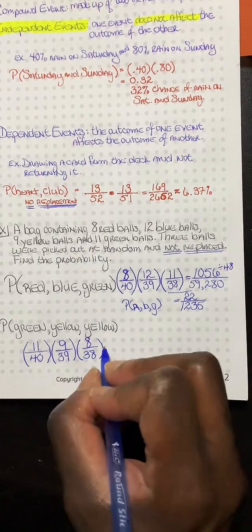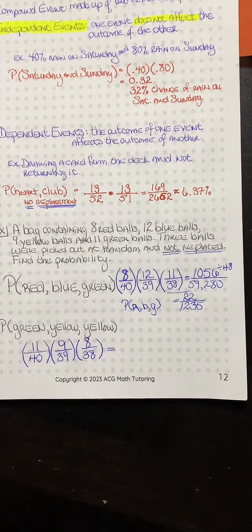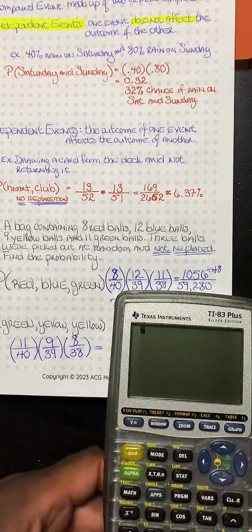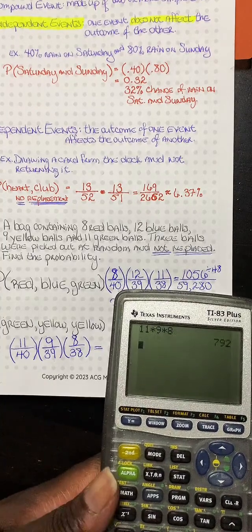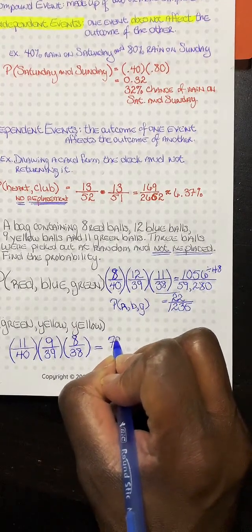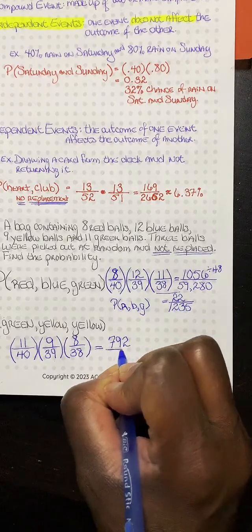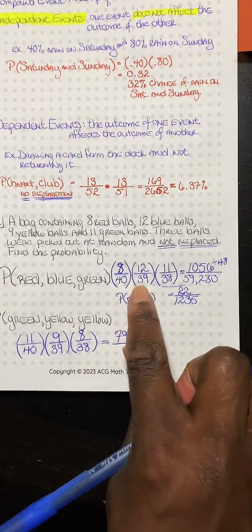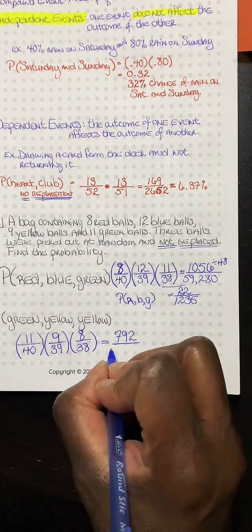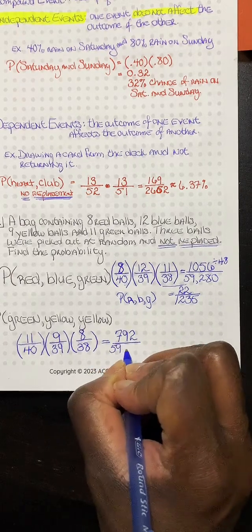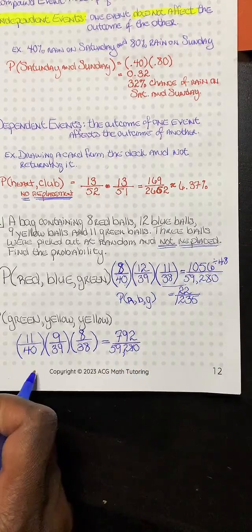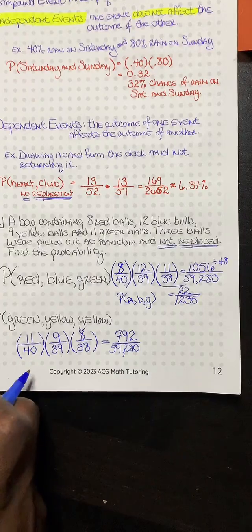So now, handy dandy calculator. If we have 11 times 9 times 8, that gives me 792. And the denominator, since we already calculated it here, we get the same exact thing down here, so we don't have to do that over again. Now, let's see if this can be reduced.